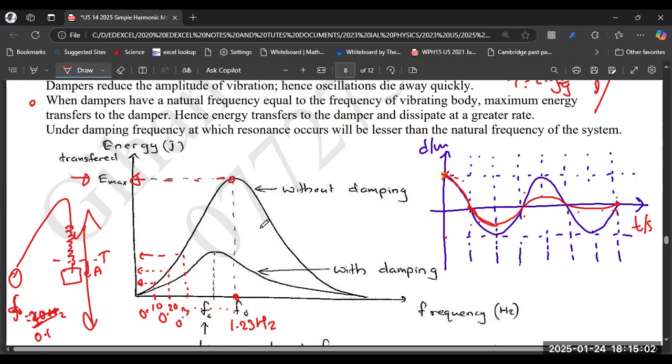Then if I increase the frequency further, let's suppose it's 1.4 hertz now, then the amplitude reduces again. At 1.5 hertz, it reduces much more. Likewise, it is reducing. So when I conduct this experiment and draw the graph for different frequencies, I see that the maximum energy happened at a particular frequency. What frequency is that? The natural frequency of the spring mass system. This is without damping.